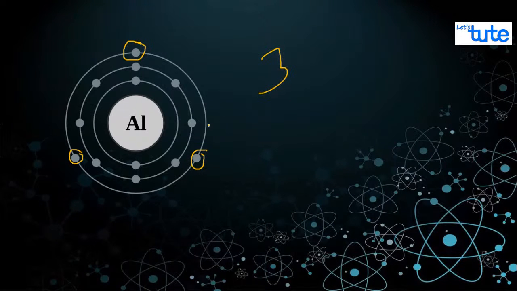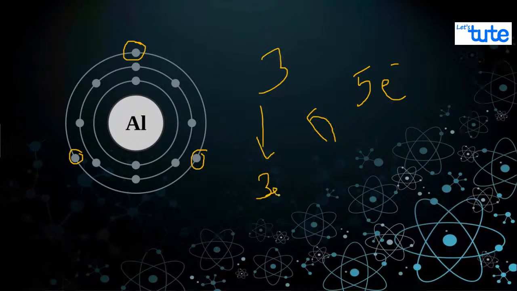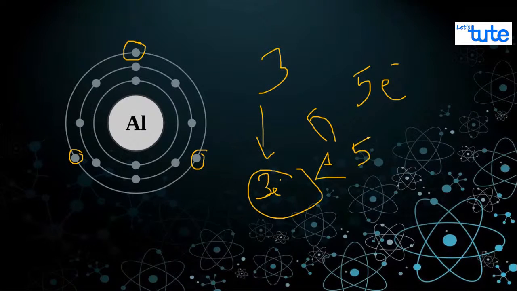Now to make a complete octet, understand this: either it can take 5 electrons or give 3 electrons. Which one is easy? Giving away 3 electrons is much easier because 3 is less than 5. Therefore giving away electrons is very easy.